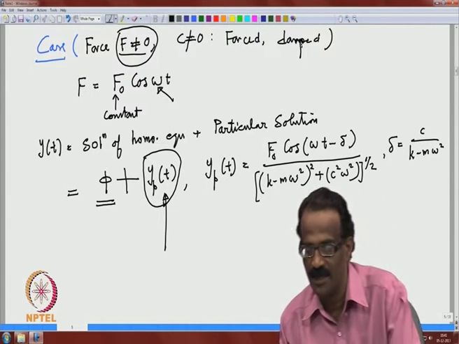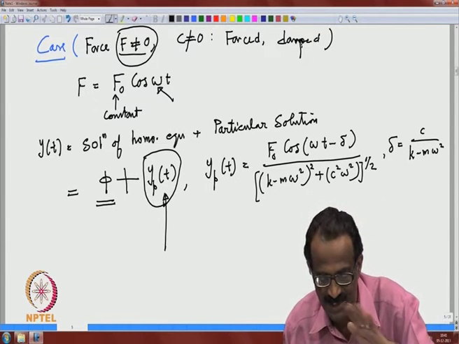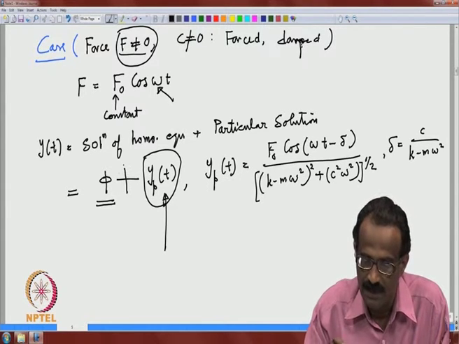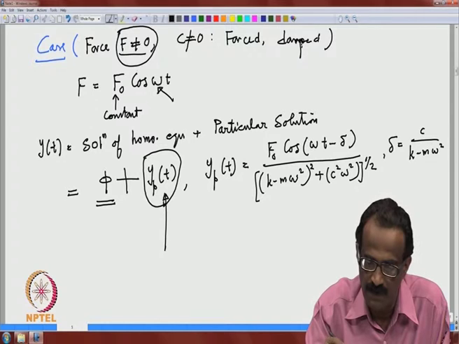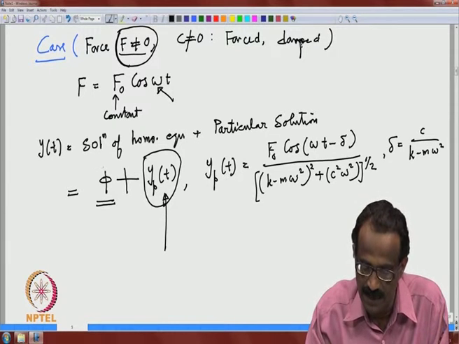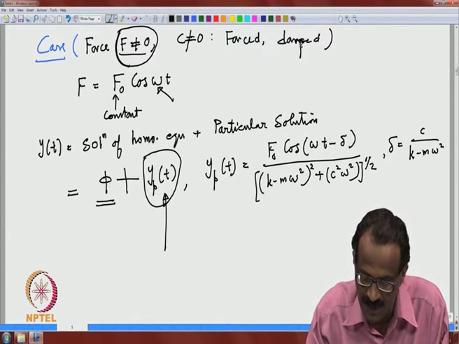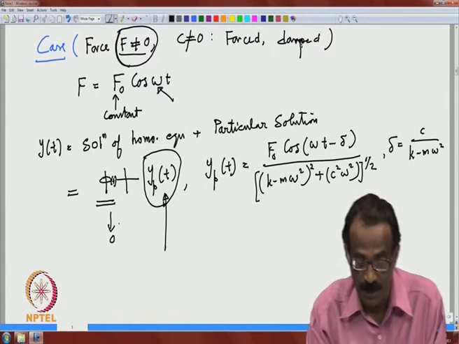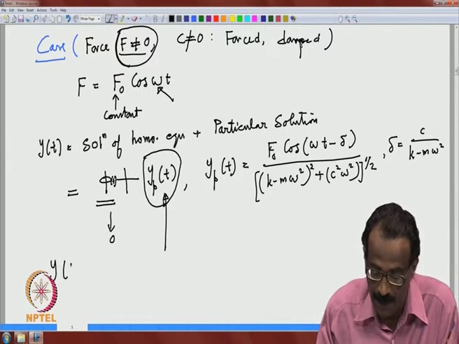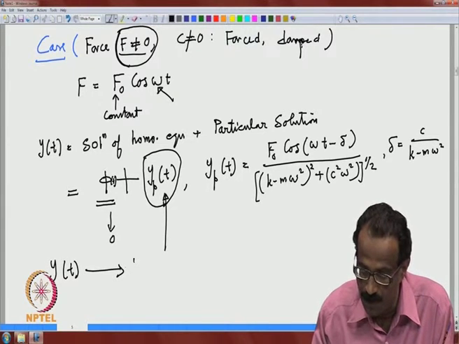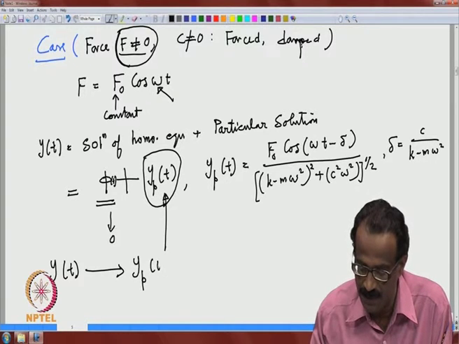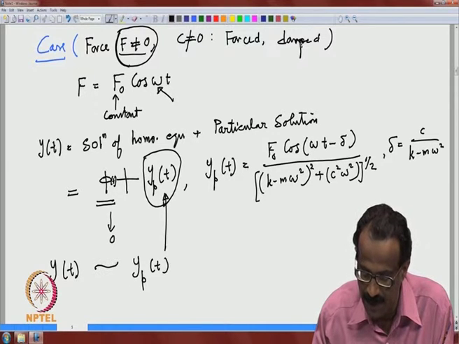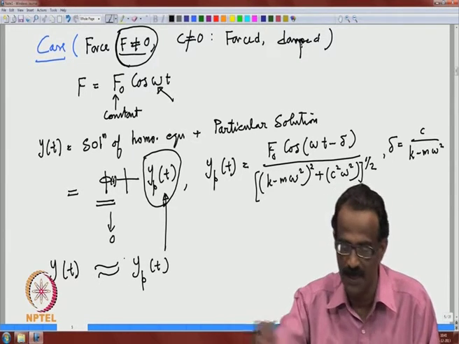We have seen that in all cases with F equal to 0 the solution goes to 0. So this is a term phi(t) which goes to 0, this will oscillate. So what will happen is that y(t) eventually will behave like the particular solution yp(t). You can understand the behavior of yp(t).